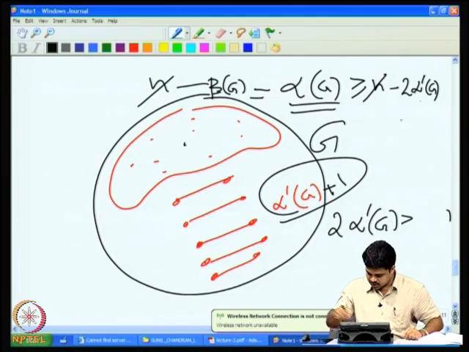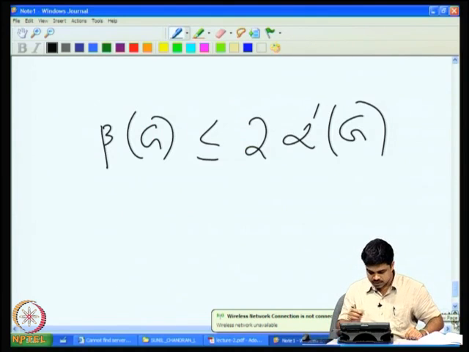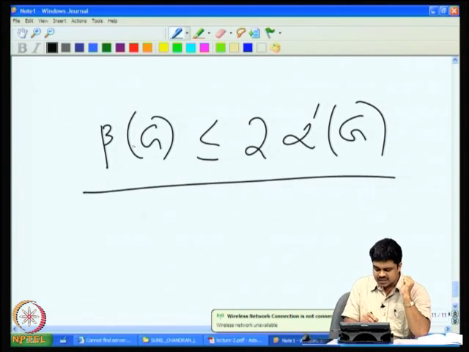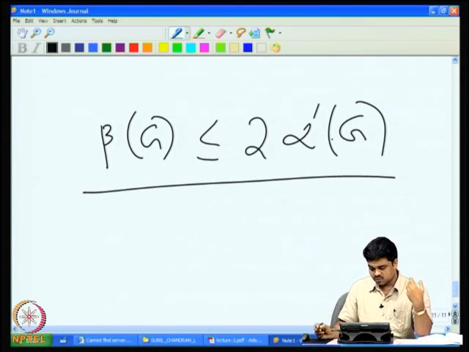So 2 times alpha dash of G is greater than or equal to beta of G. But is there a natural relation between this beta and alpha dash?